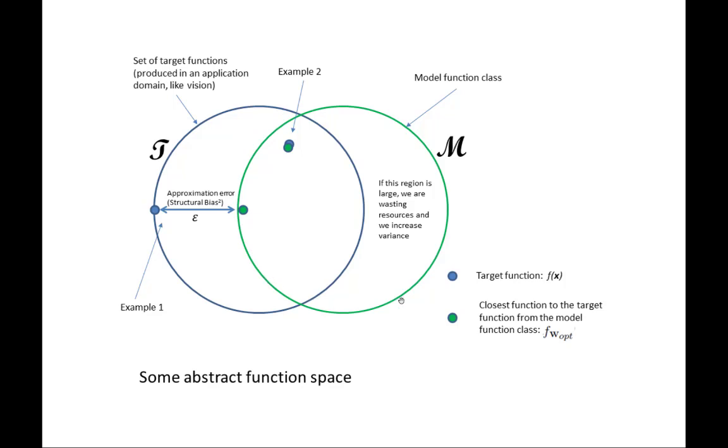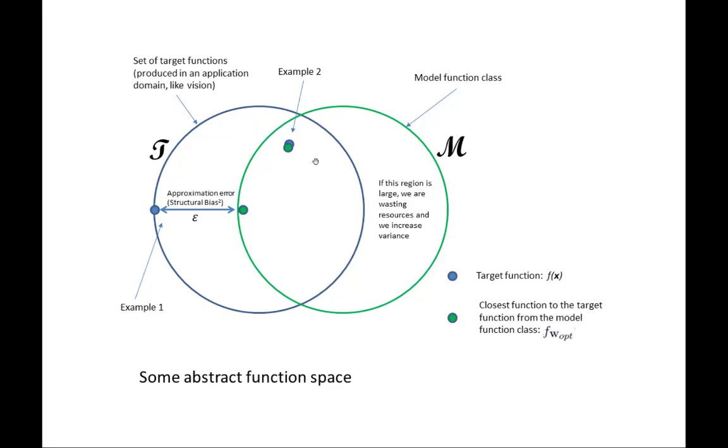For example, this could be all neural networks with a certain number of hidden layers, or a certain type of RBF network. And then there might be some overlap, so some elements of the target function class which can be perfectly modeled by an example from the model class. So then we can perfectly learn the map with enough data points.